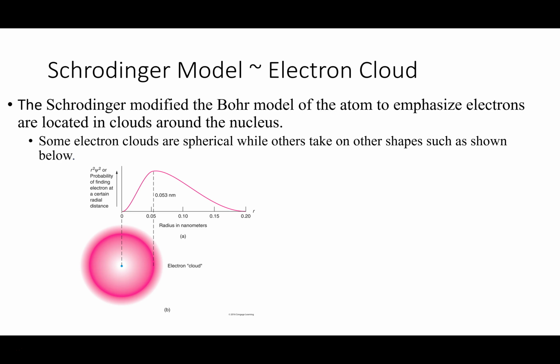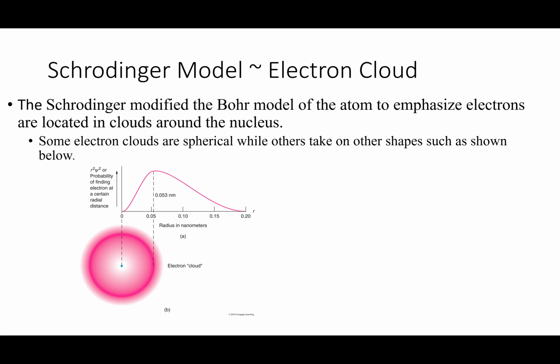So Schrodinger's model, that was the most recent one, right? And Schrodinger's model was kind of related to Heisenberg's uncertainty principle in that when it comes time to find where an electron is, you really can't narrow it down as well as Bohr said you could. We still think of Bohr's model when we draw pictures, but it looks like our solar system.